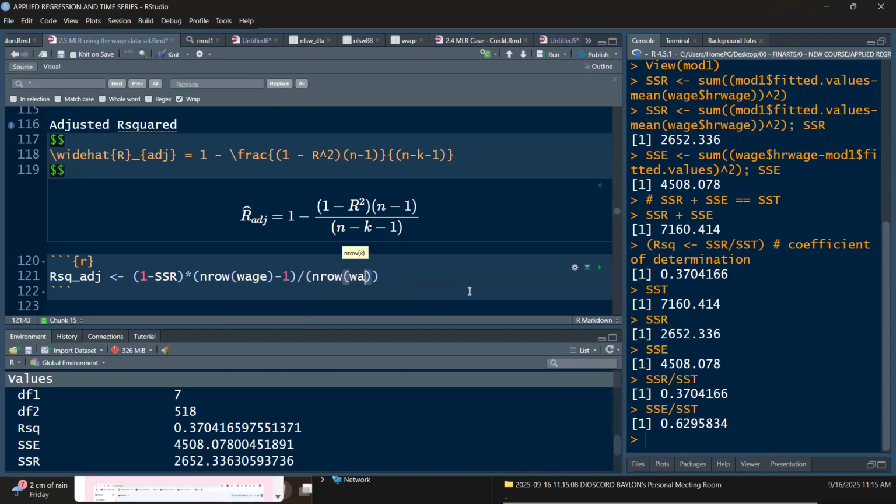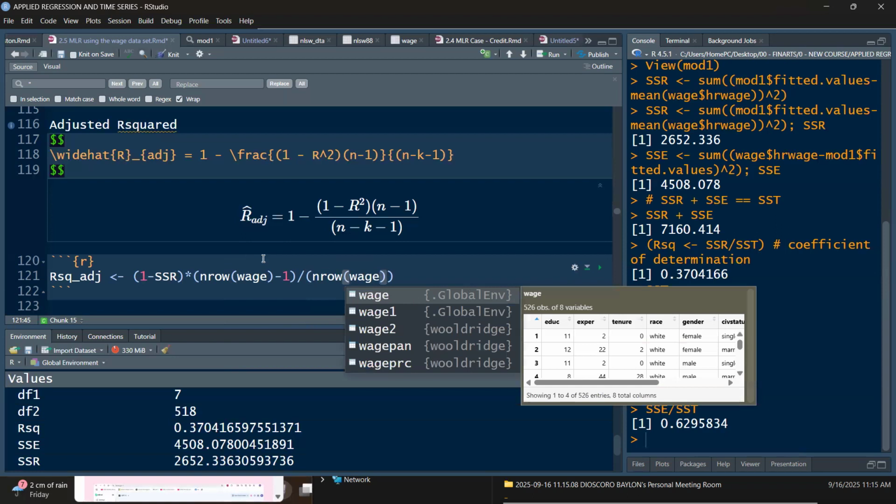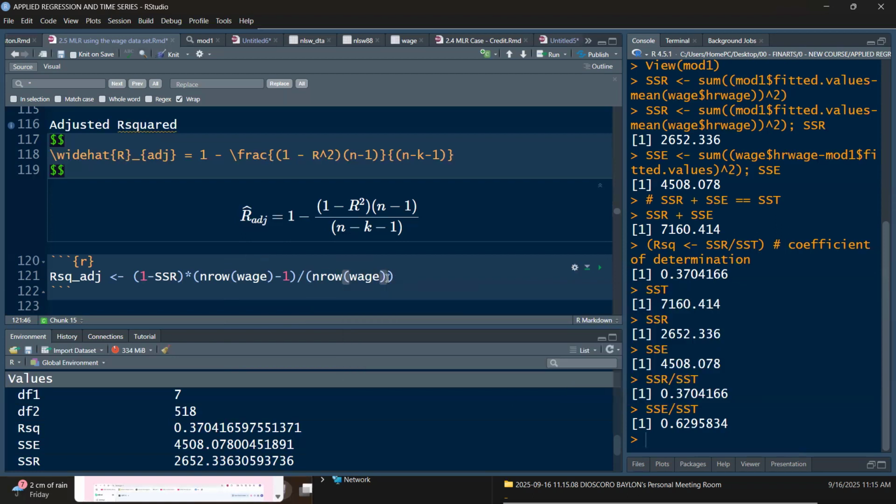N row of wage, and then k is n column of wage, and we have to subtract 1 there because the number of columns of wage includes your dependent variable. K only pertains to your predictors, and then another minus 1, class, for the degree of freedom lost for including wage. So this is close, right?